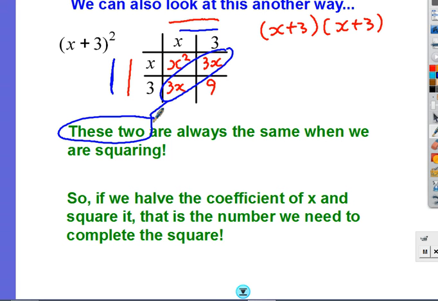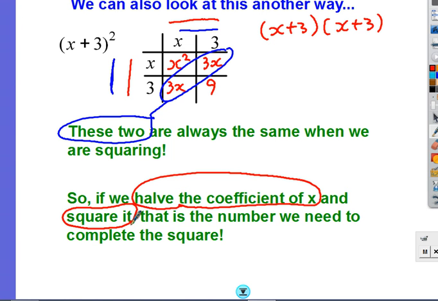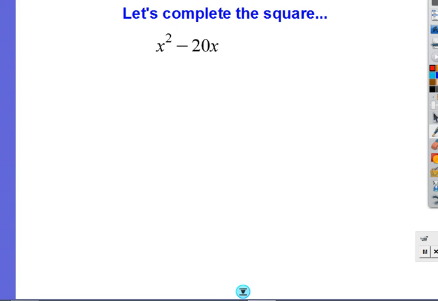And so, the second point here on the screen, if we halve the coefficient of x, that's one thing to do, and square it, that's the number we need to complete the square. In fact, we need two numbers, but that is the important number. And this number here also tells us something, so we'll see that more as we move along.